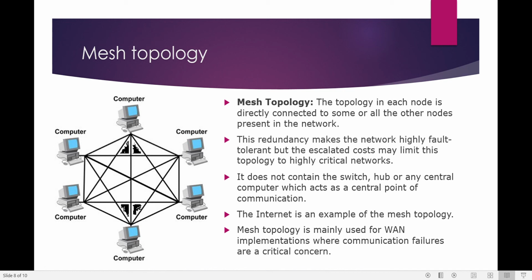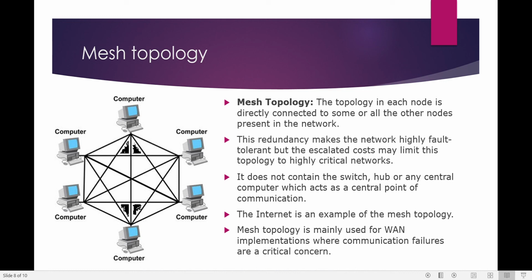Now this will make a network highly fault tolerant so that if any one node goes down, the connectivity is not impacted, because the other devices will be having connections with each other and that will not impact the other devices. However, this will be increasing the cost actually, and that is the reason in many critical networks it is not used.